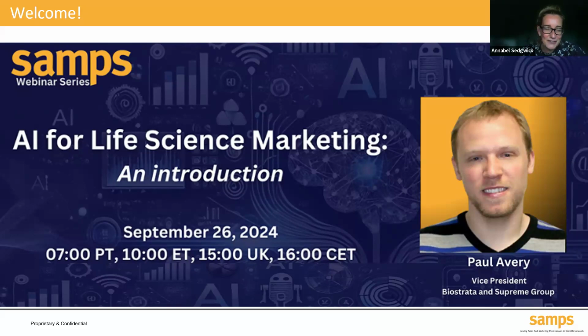We've got quite a large number of people attending the webinar this afternoon, so I think this is designed as a brilliant starter for one, and I'm sure Paul will very happily talk further to anyone who wants to hear a little bit more after the webinar. You can find him on LinkedIn, you can find him at BioStrata and Supreme.